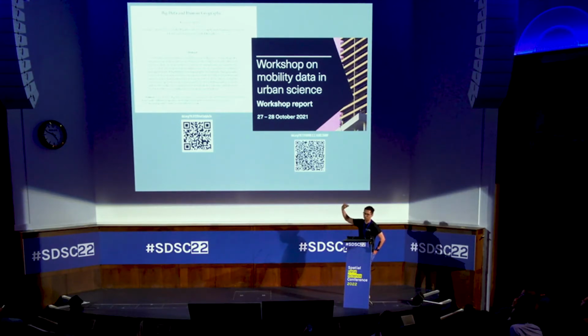One is more general, looking at big data in human mobility to capture human behavior and different geographical processes. The other is a more recent report that we published at the Alan Turing Institute, part of a project with some colleagues at the University of Liverpool. It's the results of a workshop with different experts on human mobility.